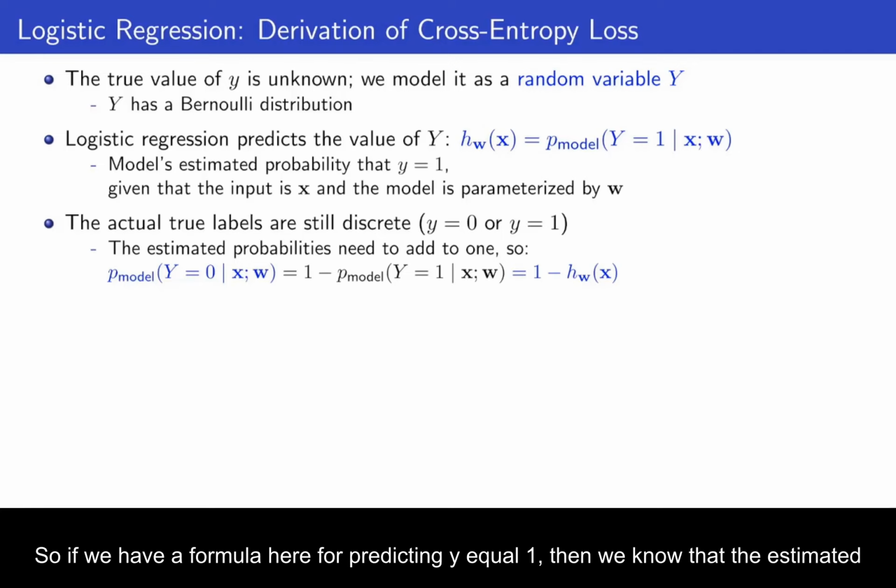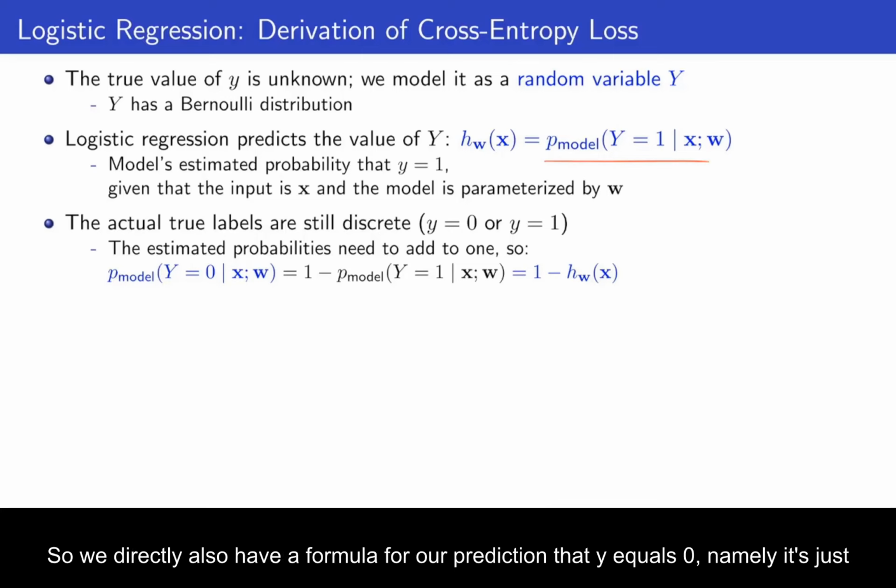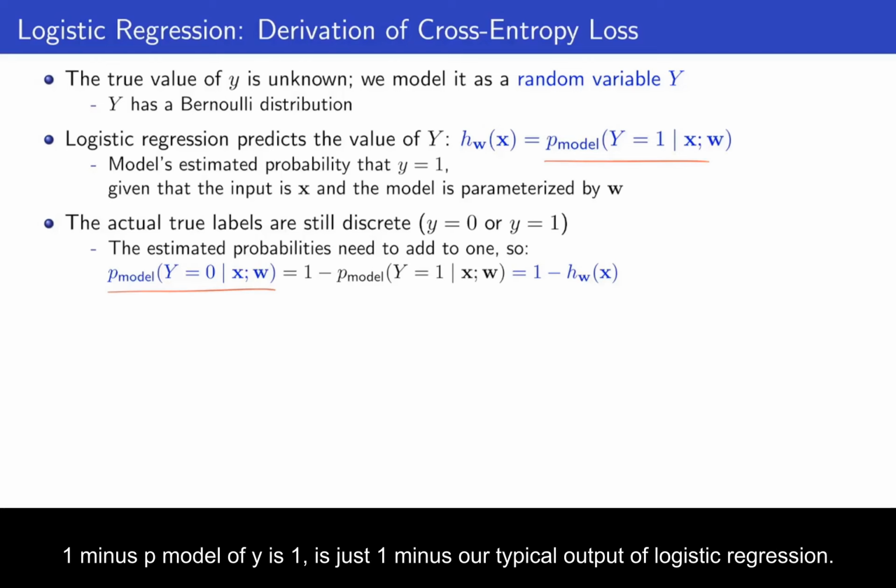If we have a formula for predicting y equals 1, then we know that the estimated probabilities for y equals 1 and y equals 0 have to add to 1. So we directly also have a formula for our prediction that y equals 0: it's just 1 minus the model probability of y being 1, which is 1 minus our typical output of logistic regression.